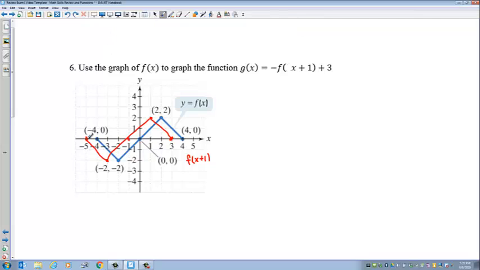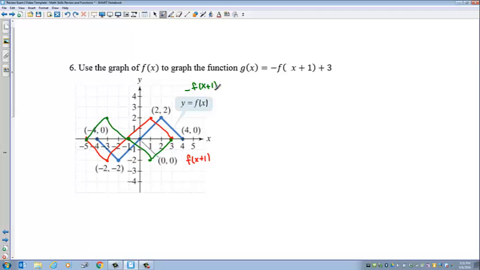And so this red point will stay right here, but this red point will go up here. This red point will stay right there, but this red point will reflect down here. And then this red point will stay right there. And then we simply connect the dots the best we can with lines. All right, so the green one was negative f of x plus 1.